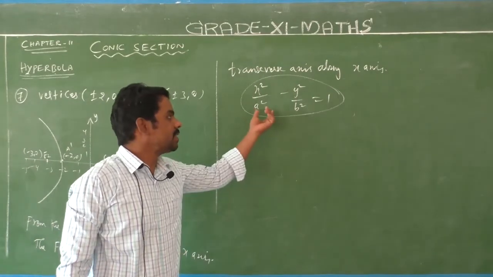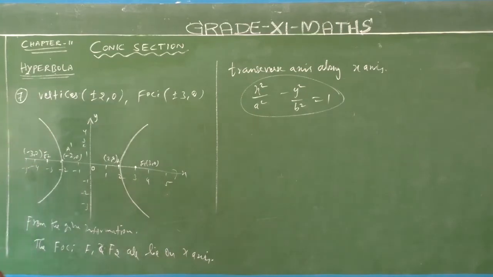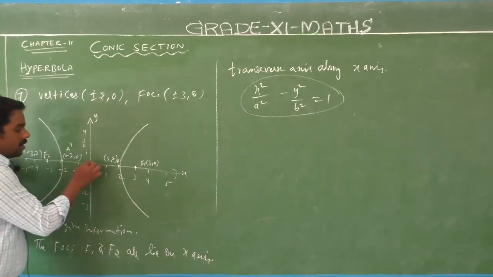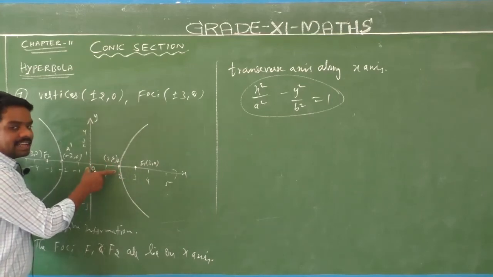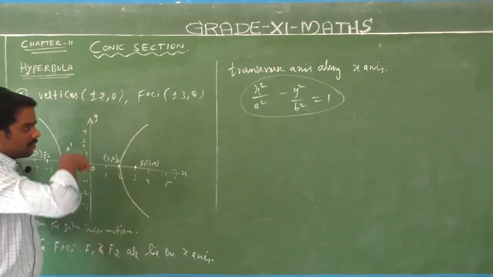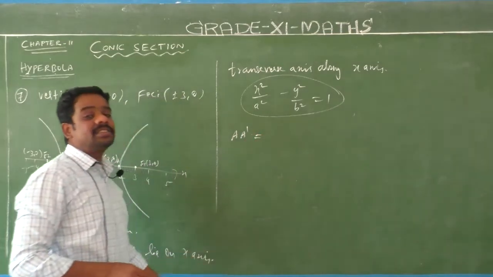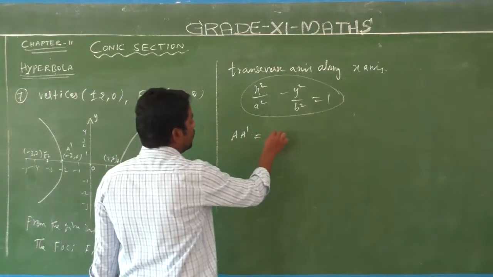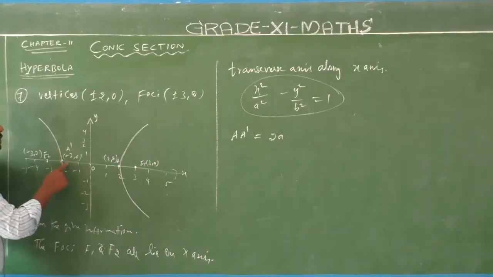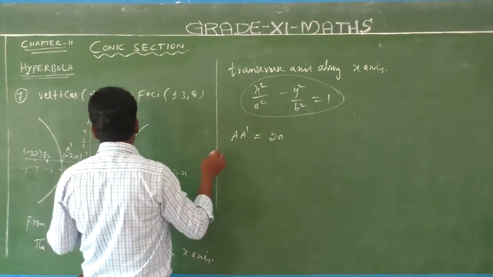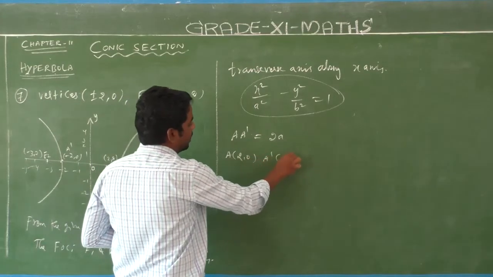So we need the a squared value and the b squared value. See the diagram. The distance from the center to a vertex, OA, is a. The distance between A and A dash, the length of the major axis, is 2a. Here A is (2, 0) and A dash is (-2, 0).